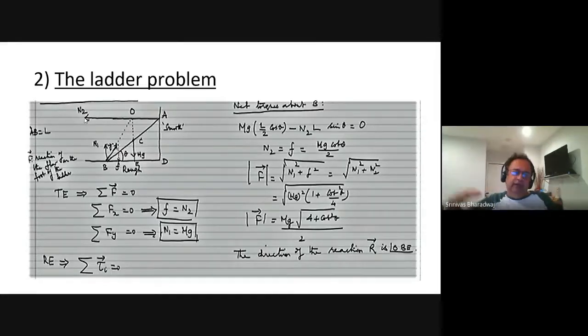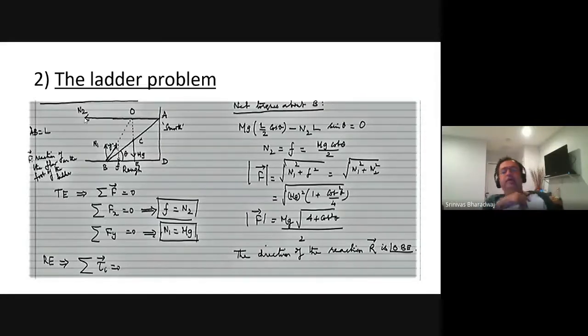So in the horizontal direction, when you think of just forces, Fx, F will equal N2. In the vertical direction, the N1 force will equal mg. So now you have two unknowns, N1 and N2, and F. As you know, static friction is not mu s times N. It is proportionate to whatever N2 is.